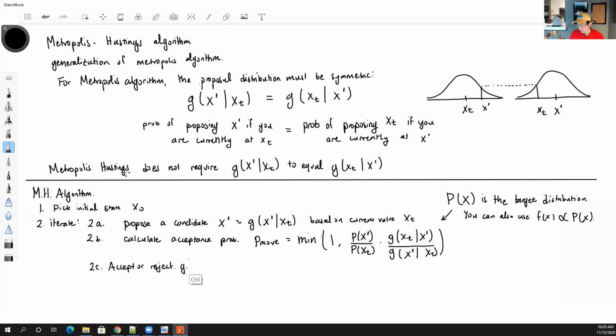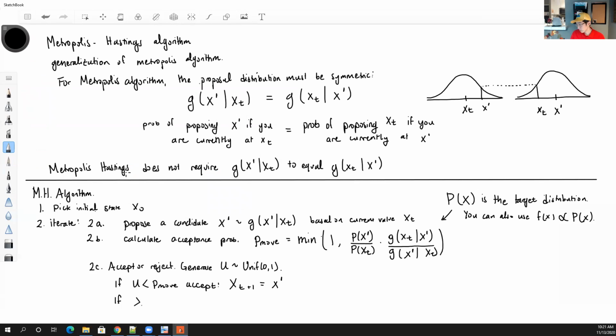Okay, generate u from uniform, and then if u is less than p move, accept: x at time t plus 1 is x prime.